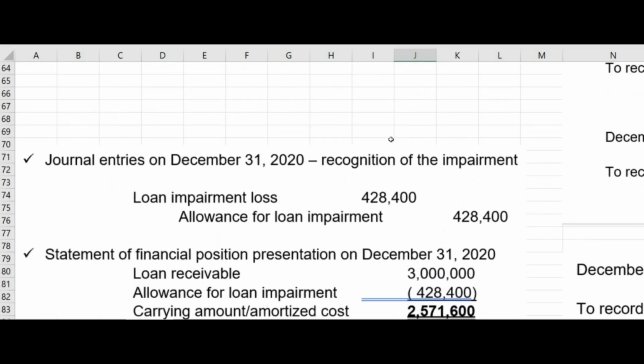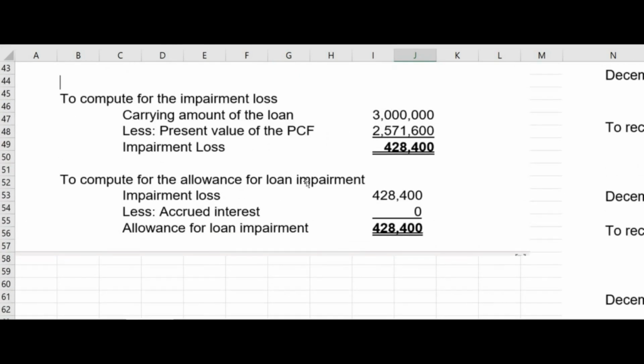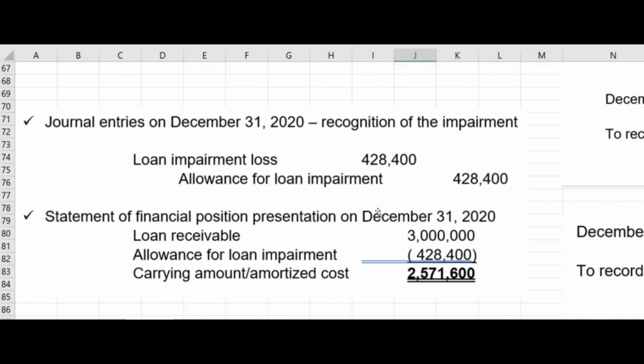Tapos, after that, no, compare natin yung impairment loss with accrued interest. So, again, this time, wala tayong accrued interest. So, yung allowance for impairment mo ay 428,400 talaga. So, this will be your entries.